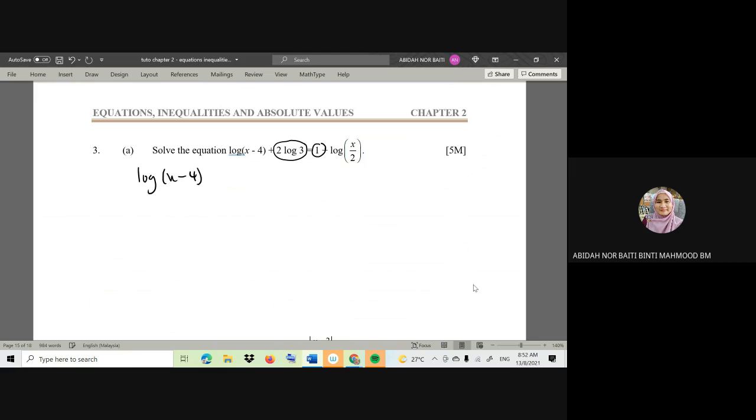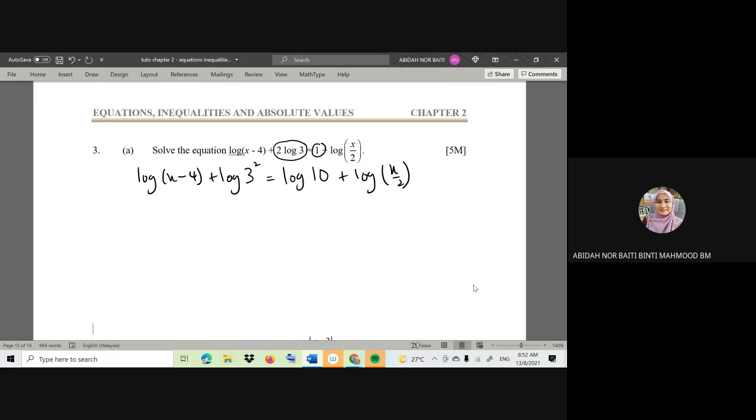Okay, so we apply law number 3 ya. X minus 4 plus log 3 power 2. 1 equal to what? 1. Kalau nak tukar kepada log. 1 equal to? Log 10. Log 10, yes. This is base 10 ya. Plus log x over 2.